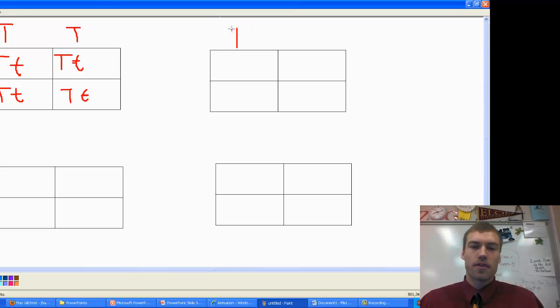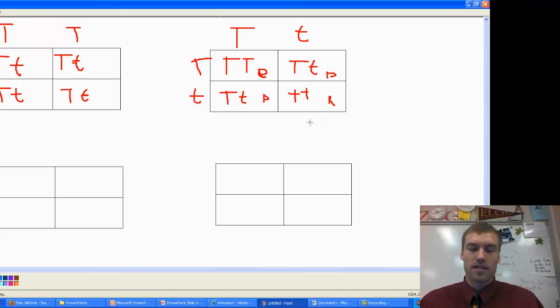So then for the F2 generation, we took big T, little t, right, and we cross them, these are the possible combinations that we get, right? This one's going to be tall, or these ones are all going to be dominant, and this one is going to be recessive, right?